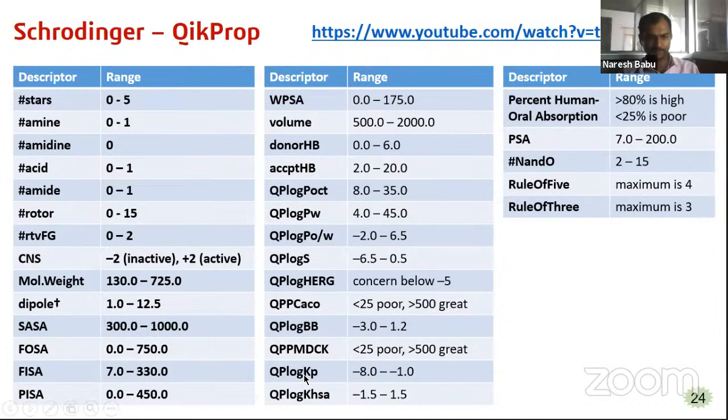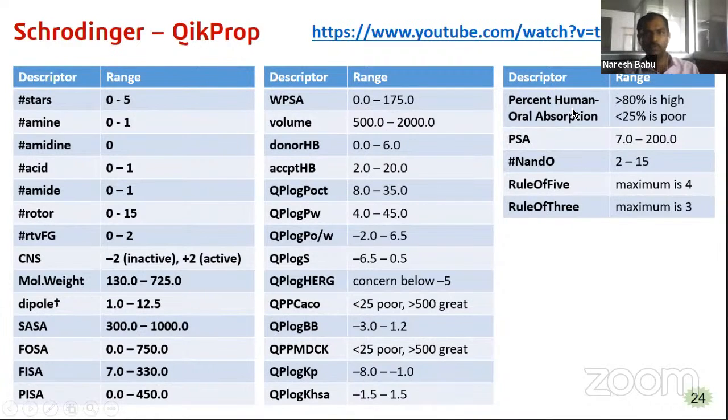And QPlogKp, that is skin permeability, should be -8.8 to -1. And QPlogKhsa, that is a prediction of binding to human serum albumin, should be -1.5 to 1.5. That is the range that should be present for our compound.